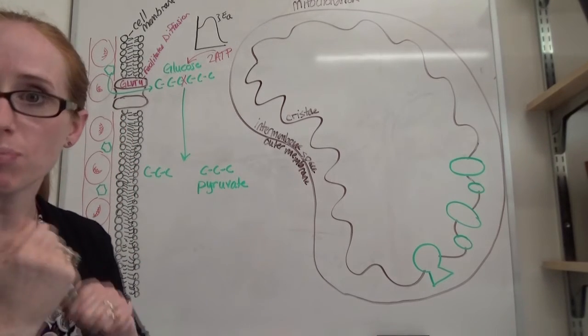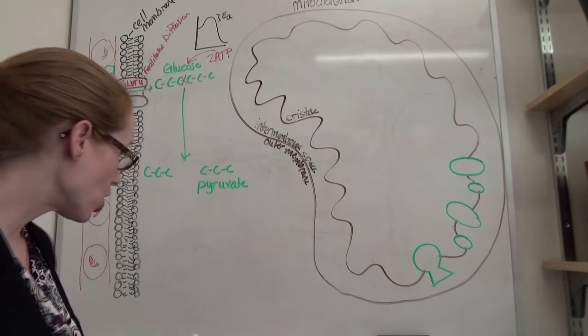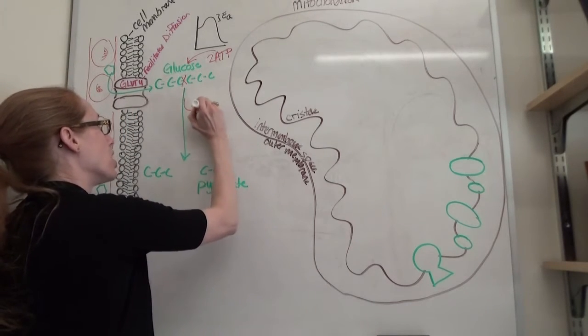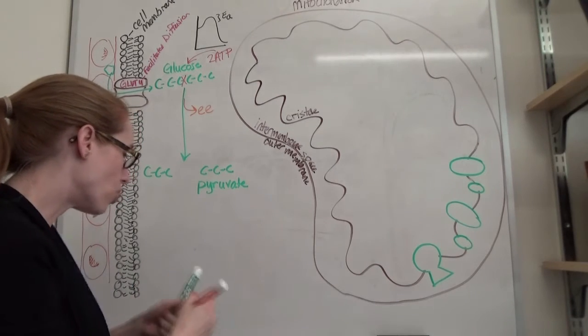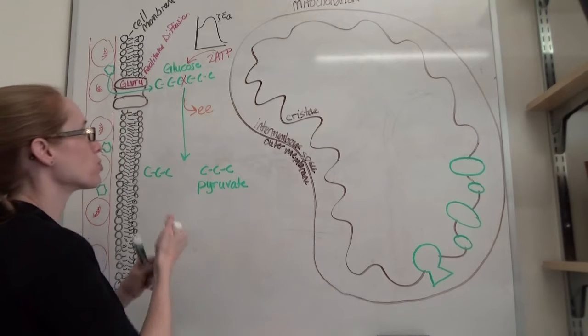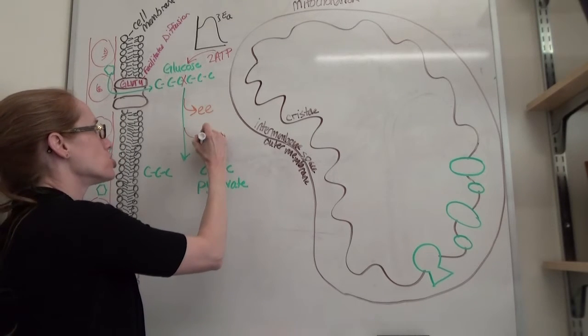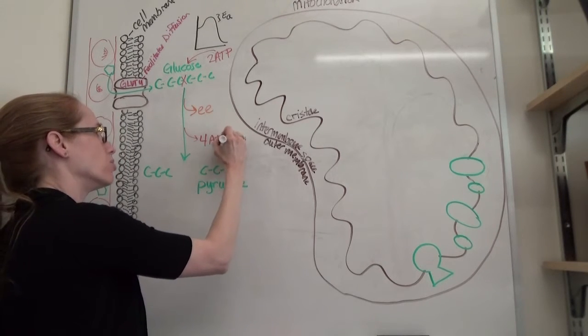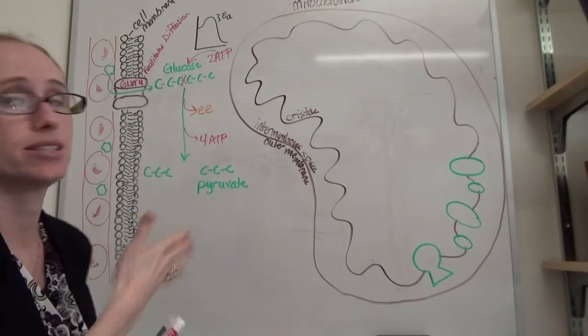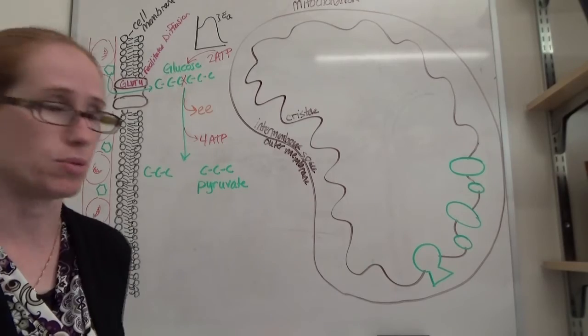Okay, but now we've broken a bond. So what comes out of a bond? Well, you get high energy electrons that come out of a bond. Okay, and then you also get a tiny bit of leftover energy that we're going to put into ATP. So you actually get 4 ATP out, 2 ATP in. So you can see that overall this process actually gives you a little bit of extra ATP.